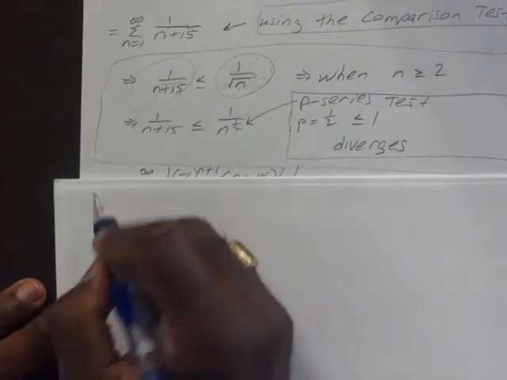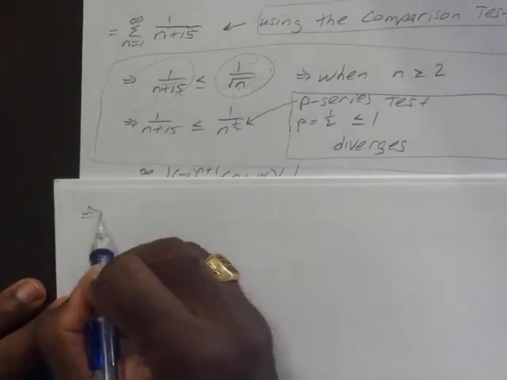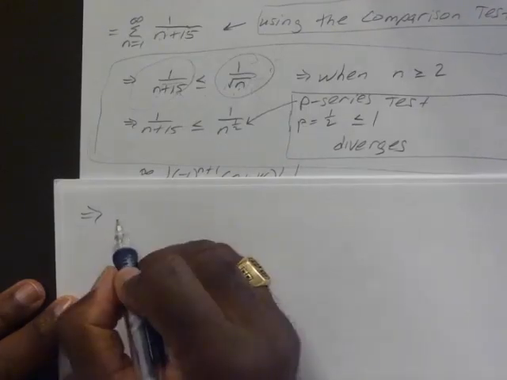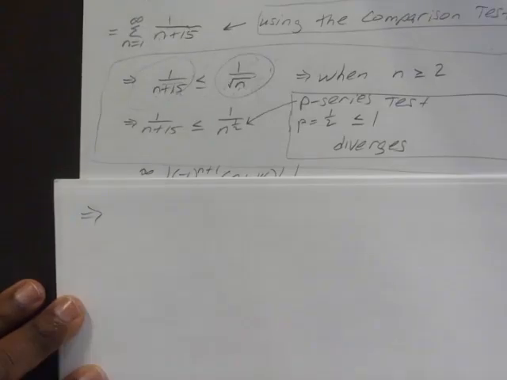Why did I miss that one? Obvious. Okay, so what if instead of 1 over square root of n, let's make it, it can't be 1 over n because that would give us the same thing.